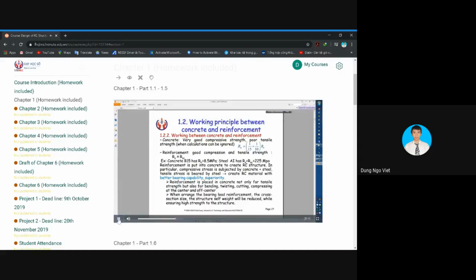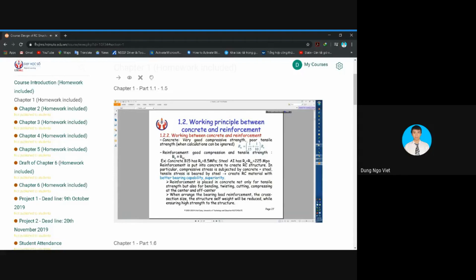Both compression and tensile strength. And compression and tensile strength almost the same. Here we have an example.